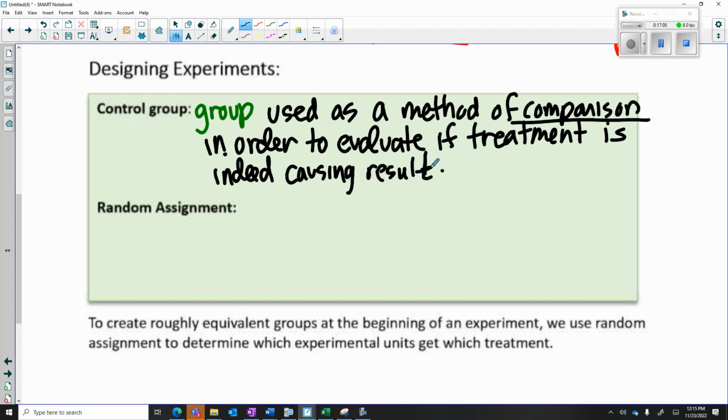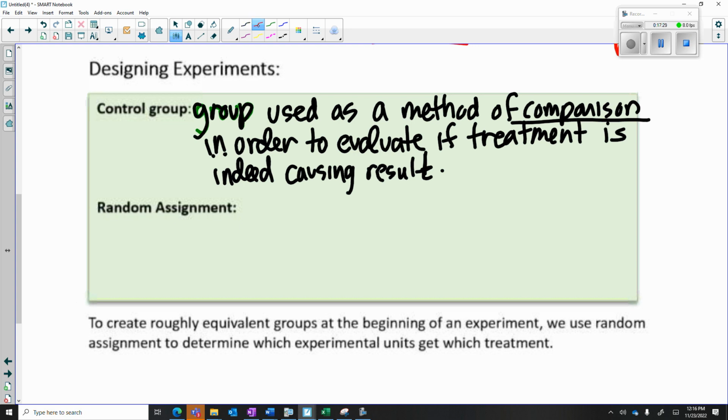Otherwise, if you don't have a control group, you're basically just looking at one group, and maybe they all go up or down for something, but we don't know why. There may be another lurking variable. So we need that control group or comparison group in order to evaluate if indeed the treatment is causing the result or if something else is causing the result. So that's really important. You can't just have one group, because then you have nothing to conclude about.